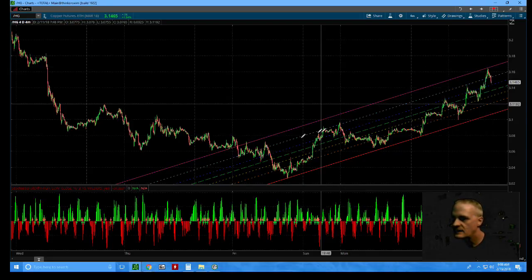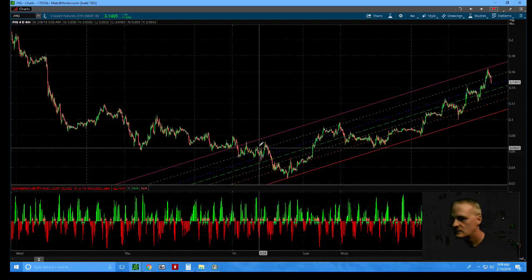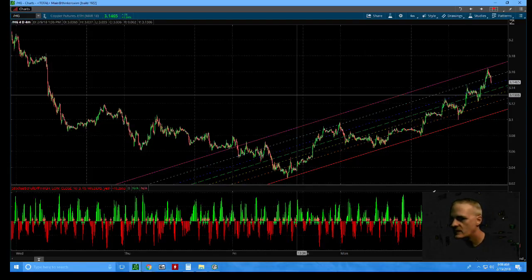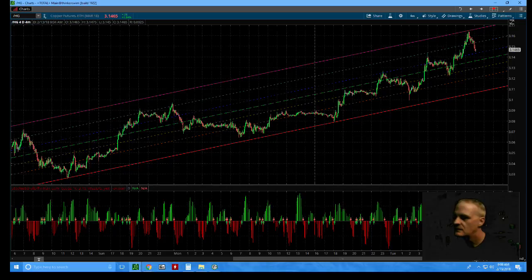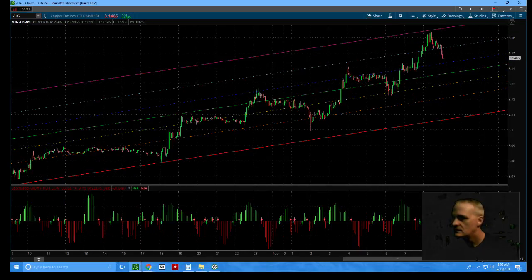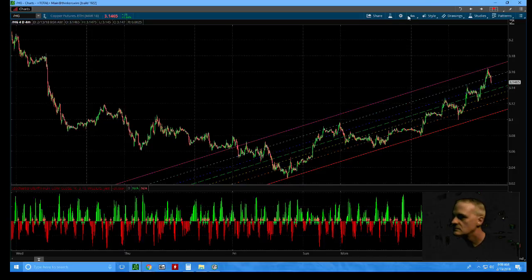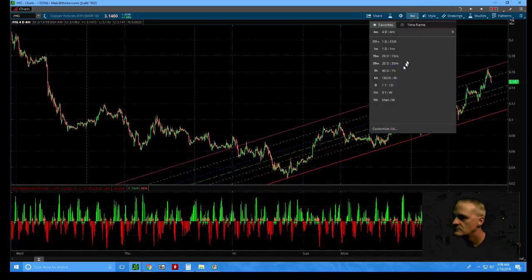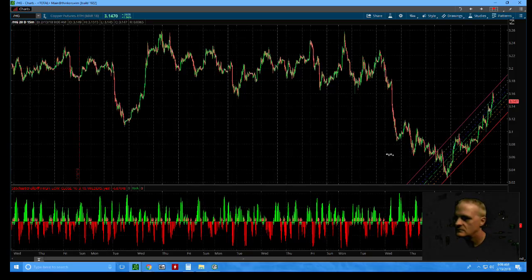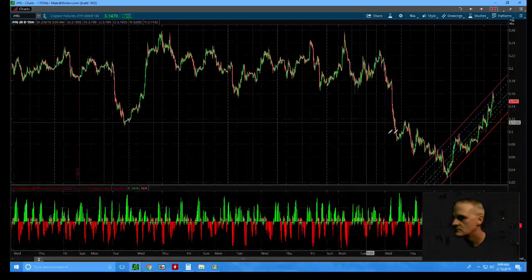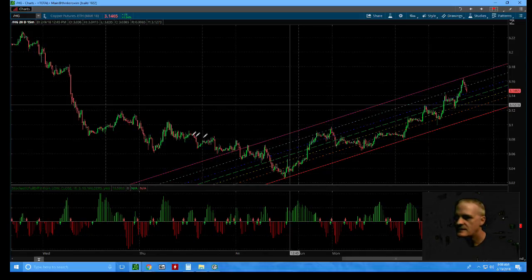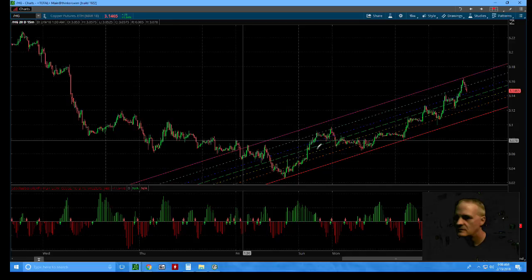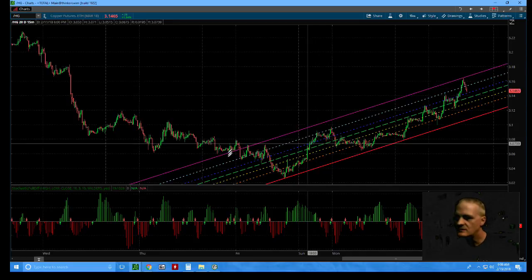So copper has now fallen into kind of this long-term price channel. Now this is probably a bear flag, because this is usually a continuation signal.